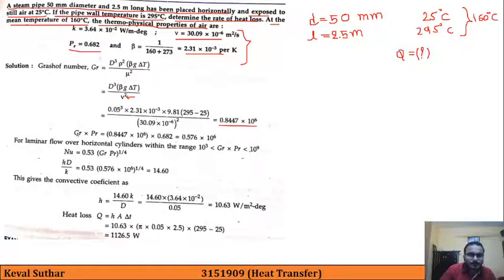So once we get the multiplication of this, the empirical correlation used here is for laminar flow over horizontal cylinders within the range of Gr Pr between 10^-3 to 10^9. So we will be utilizing this relationship. And here Nu is hD upon k.